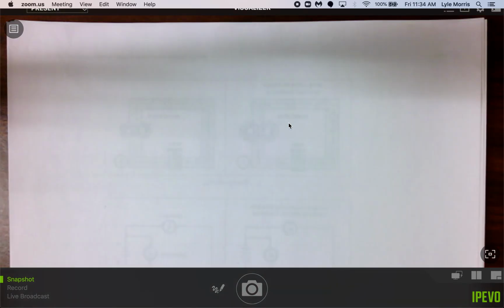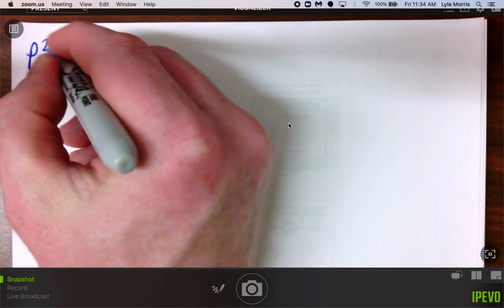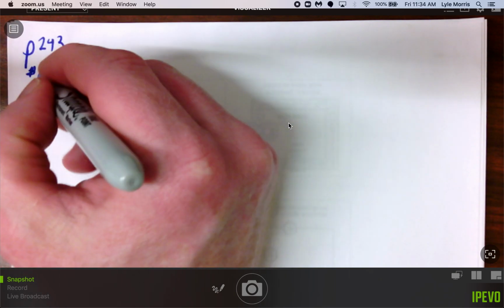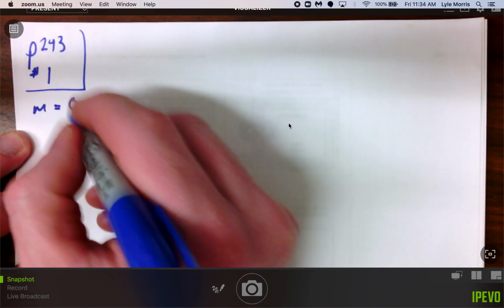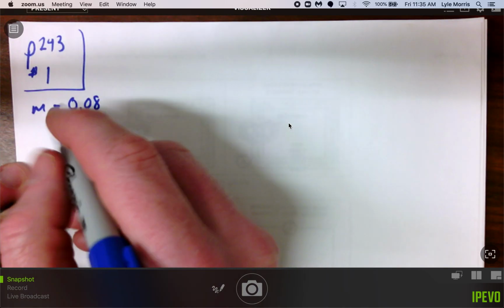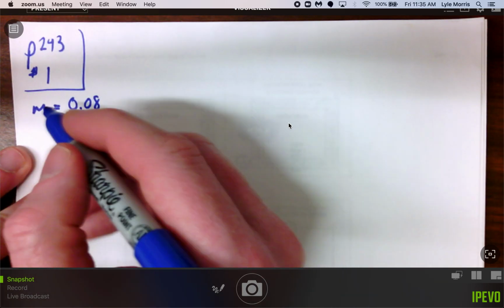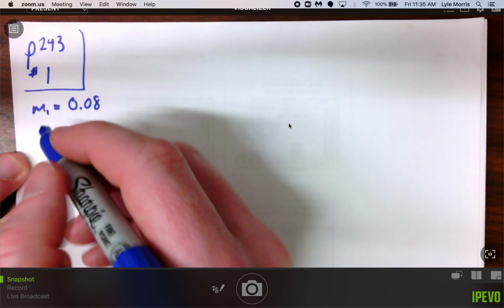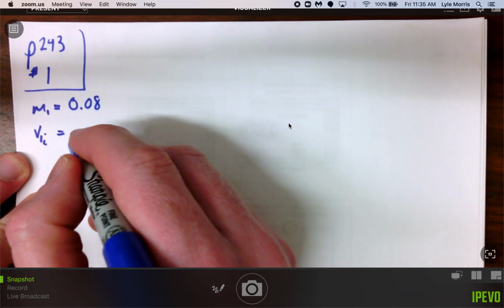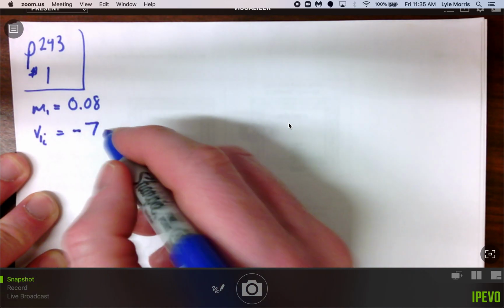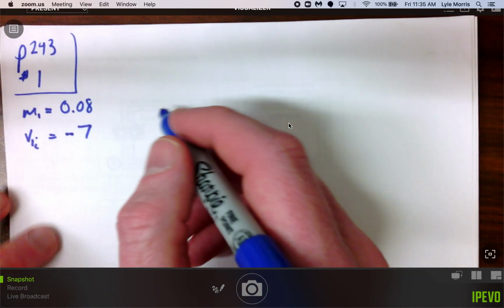Lessen my frame. All right, so page 243, number 1. A ball of mass 80, so mass equals 0.08 kilograms, that's M1, is moving at 7 meters per second west. So V1 initial equals -7, because 7 west, 7 to the left, so I'm going to call it -7.